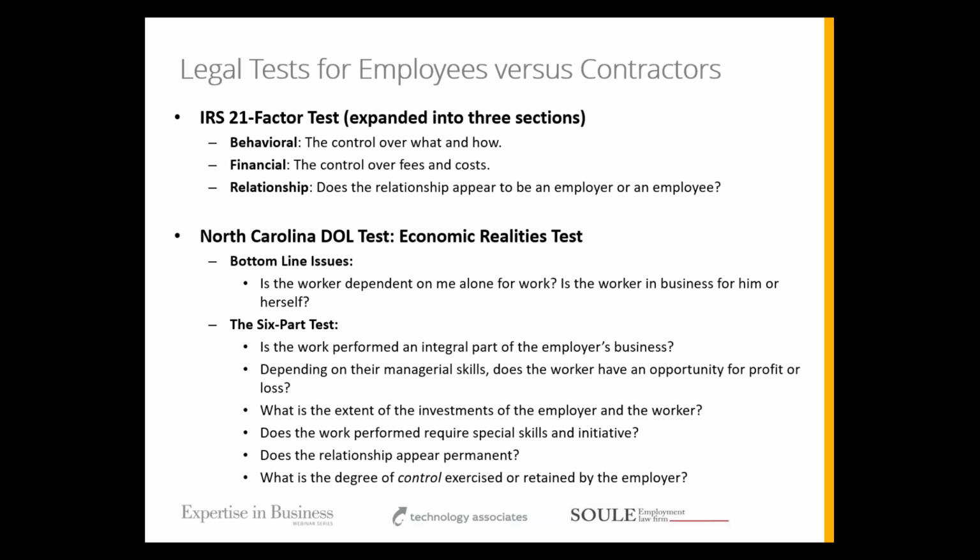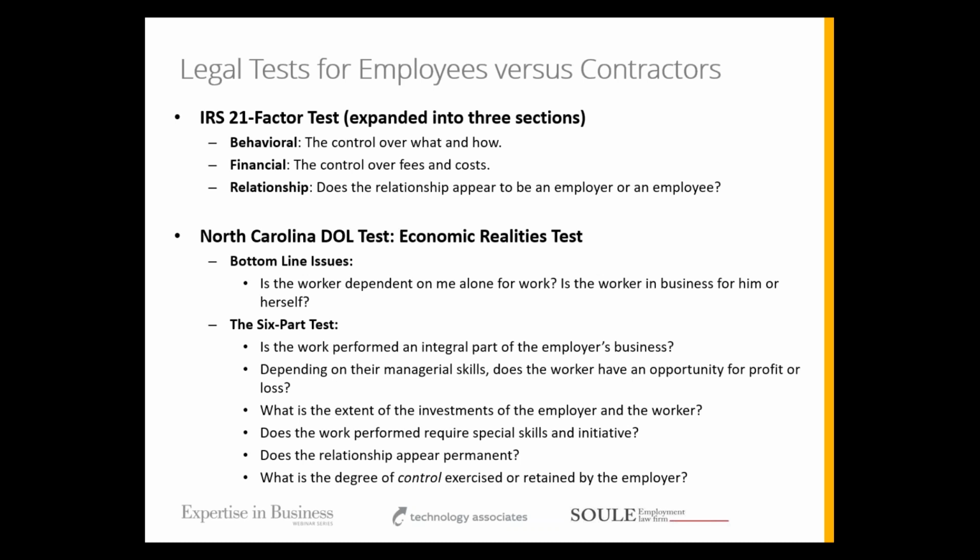The other piece to this relationship bucket really has to do with how we hold that worker out to the public. If I am a member of the public, am I going to assume that that worker is an employee of the company? So think about things like, am I putting that worker on my website? And on my website, am I putting them in the same bucket or describing them in the same way as I describe my employees?